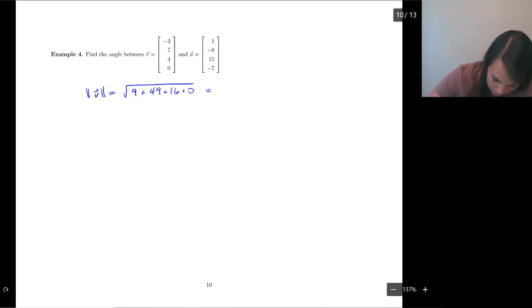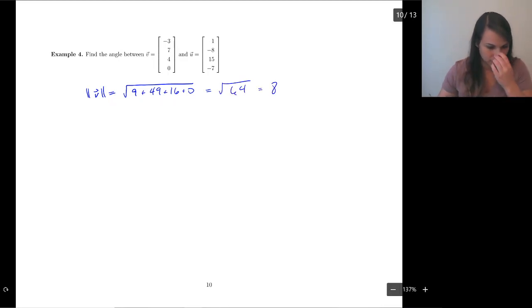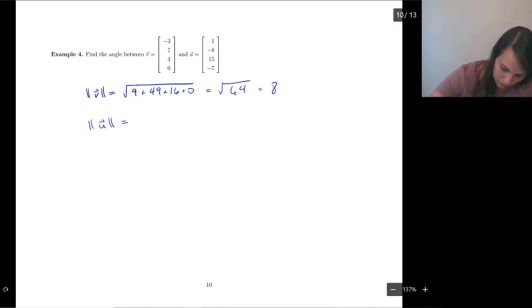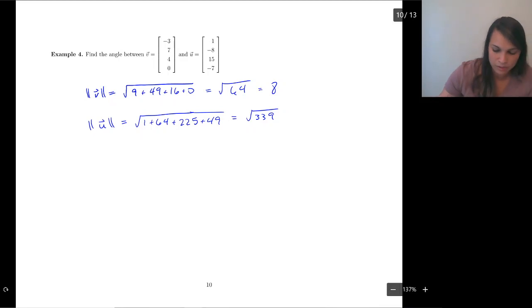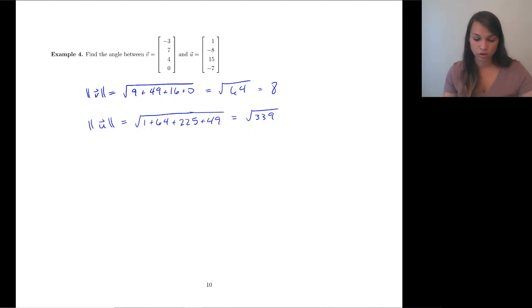Okay, so this is going to be the square root of 64, which is 8, which is great. The magnitude of u is going to be equal to the square root of 1 plus 64 plus 225 plus 49. And then you add that all up and you get 339, which I really feel like should be an exact square, but it's not.